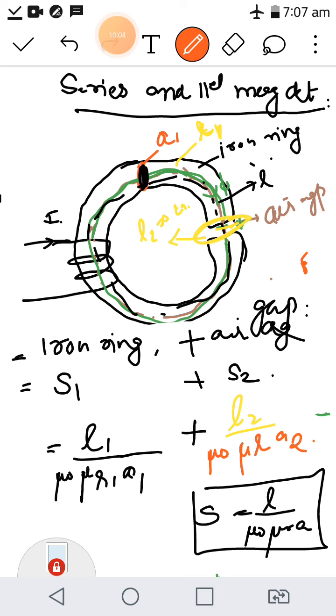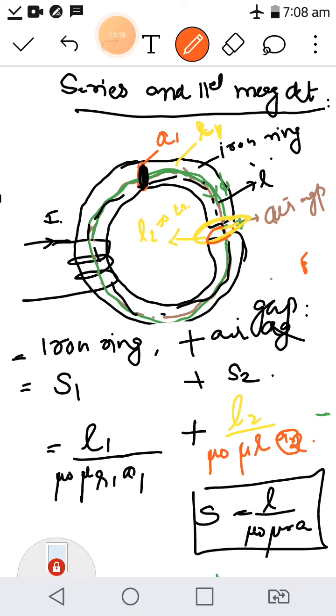Okay, but what is A2? A2 is the area of the air gap. Since the air gap is very small, we always assume that the area of the air gap is equal to the area of the iron ring itself.